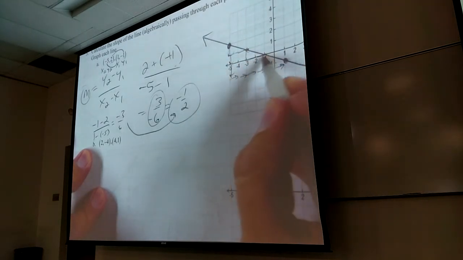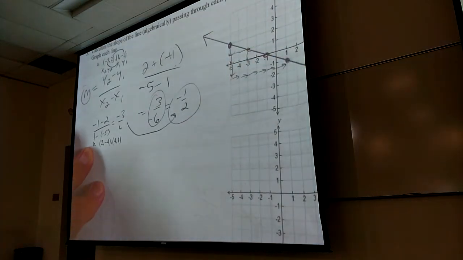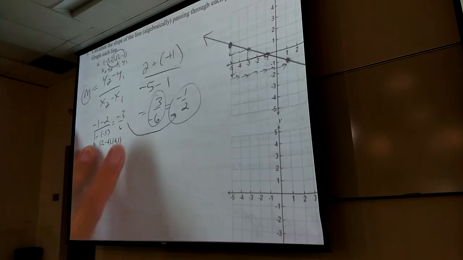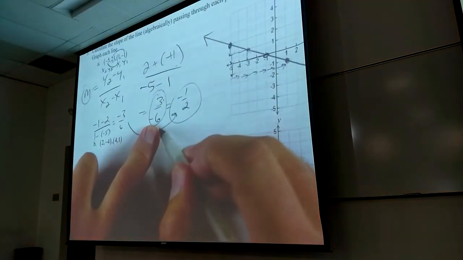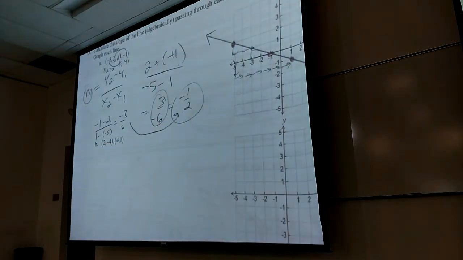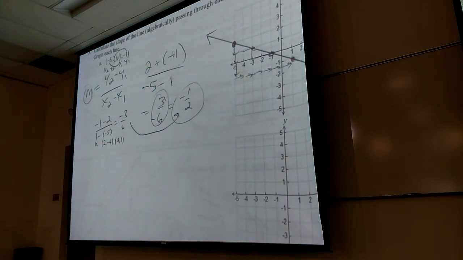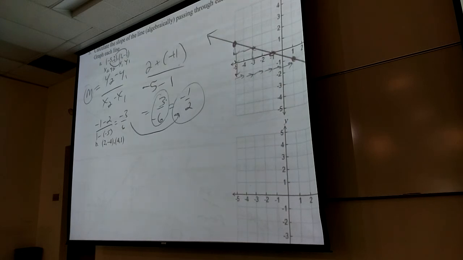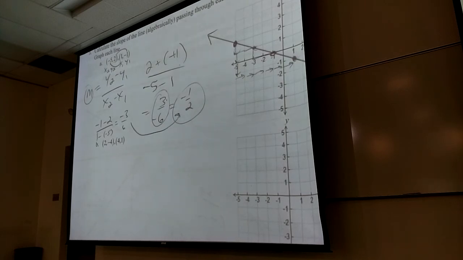Down 1 over 2, oh, I'm back on the line. Do you guys see that? Yes. Okay. And then I could do like 30 over 60, to be honest. Go down 30 over 60, and I'd be on the line again. It's crazy. So any multiples of top and bottom of the slope will still get you back to the line, just further down or closer. Littler steps or bigger steps. Okay.